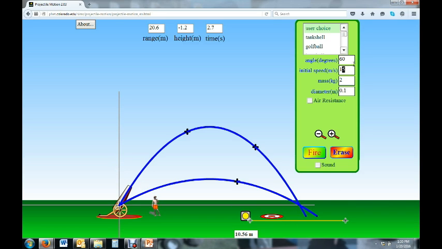So, for angles symmetric about 45, I go the same distance. Probably shouldn't surprise you then that 45 gets me the longest distance, right? So remember, I have a curve here for 30, a curve here for 60. Let's try something in between 30 and 45, maybe 37.